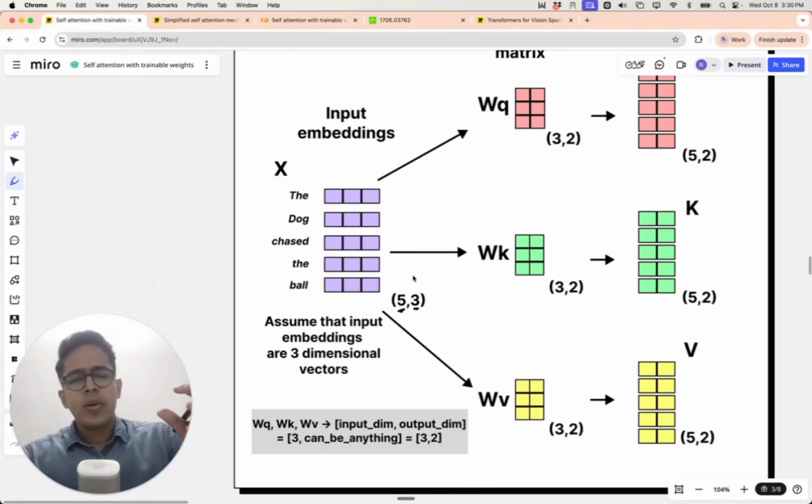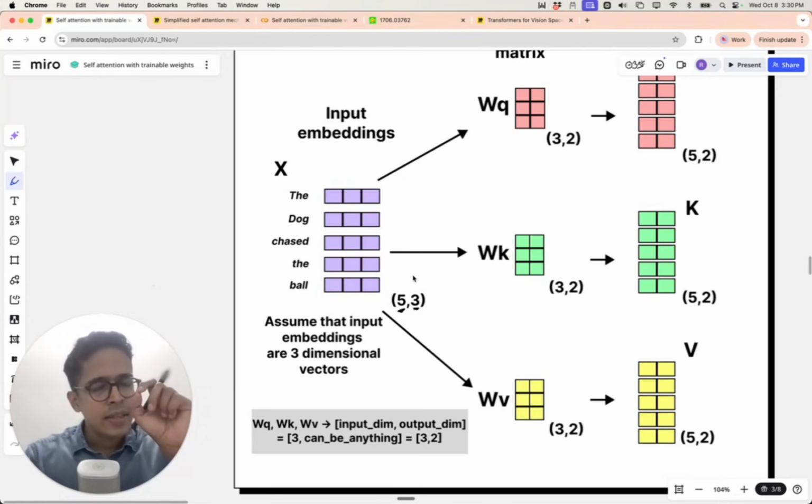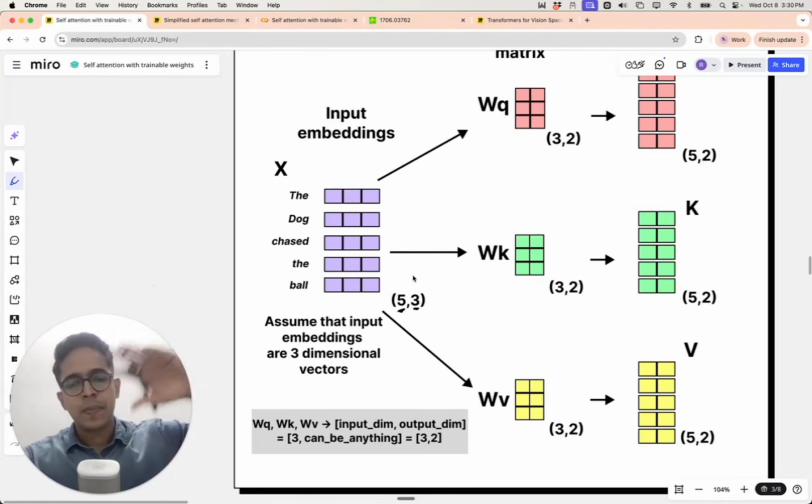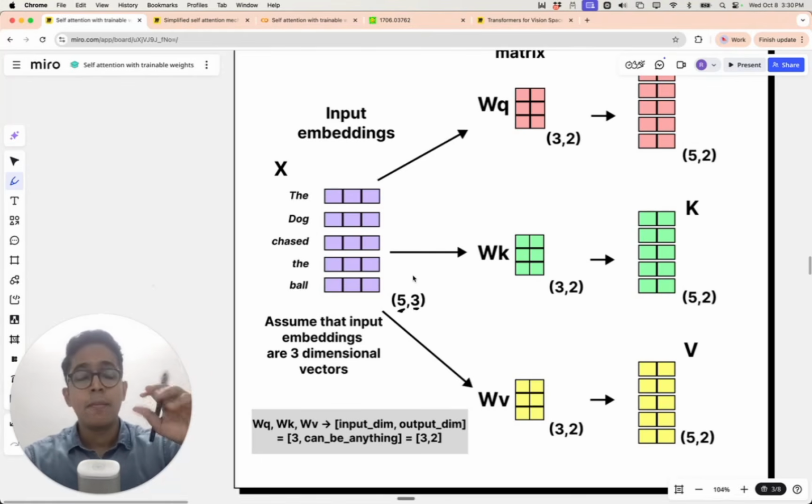Now, what we are going to do is transform each and every one of these input tokens into another space, a space that has different dimensions. The other space to which we are going to transform this using our trainable weight matrices may have a different dimension. In this example, we are going to consider that space to have a dimension of 2.